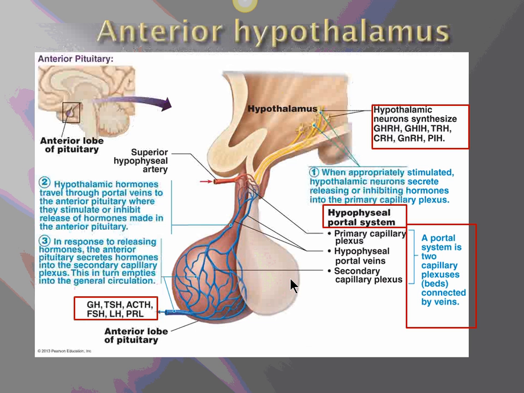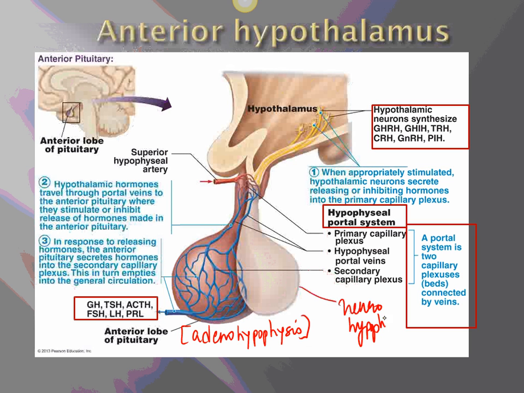Another name for the anterior lobe of the pituitary is adenohypophysis, and the posterior lobe is also called neurohypophysis. So let's see what the anterior hypothalamus produces and how it connects to the anterior pituitary.